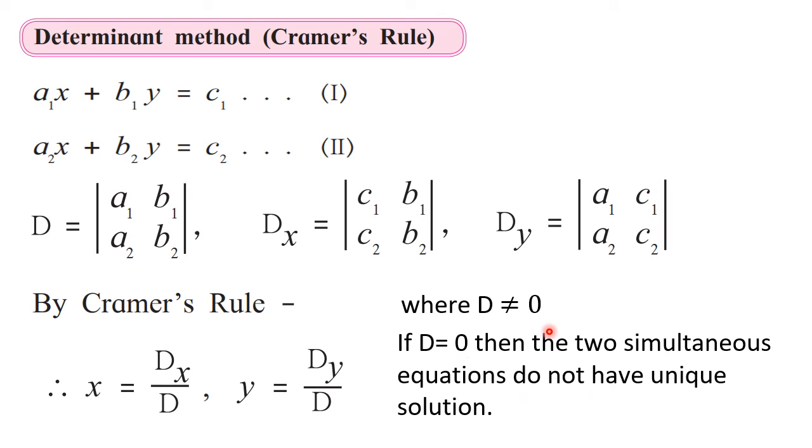This question is asked in your textbook, under a heading like 'think about it' or 'use your brain', that what will happen if d is 0. So such a question can come in the exam also. So when d is equal to 0, what you have to write is that these simultaneous equations do not have a unique solution. So this condition is important, that d cannot be 0.